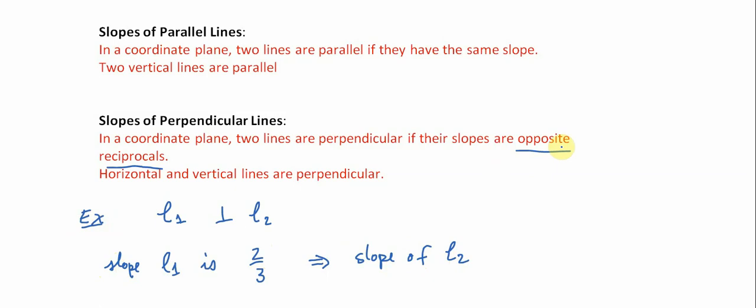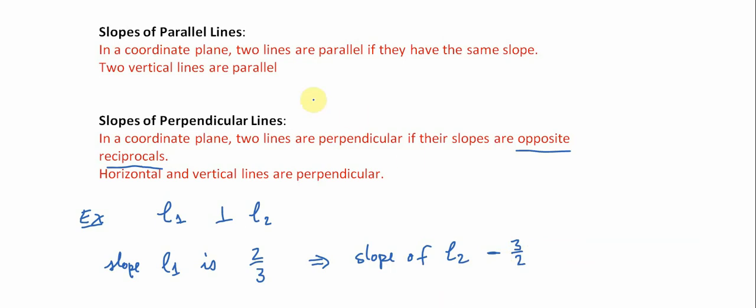Opposite here means positives and negatives. So this is positive, therefore the slope of L2 must be negative. And reciprocal means that we swap the numerator and the denominator of that fraction. So the slope of line 2 must be -3/2.